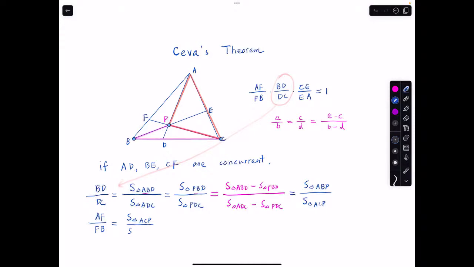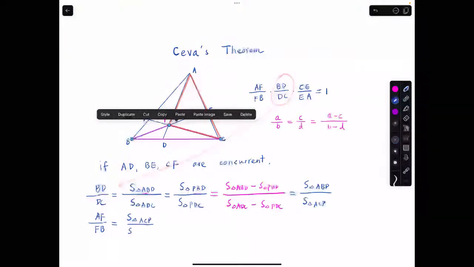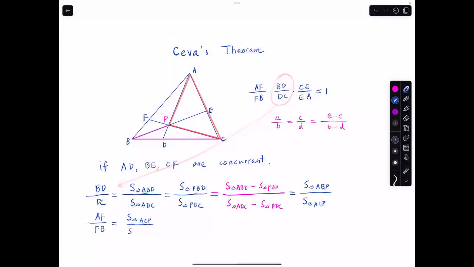Should be this one. The difference would be this one. Okay, so it's going to be the area of CBP.